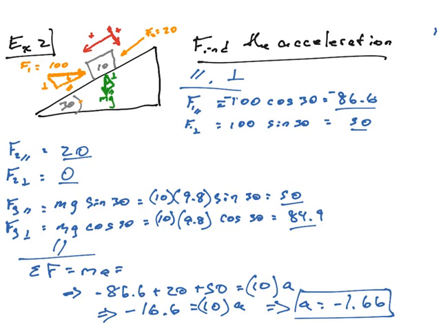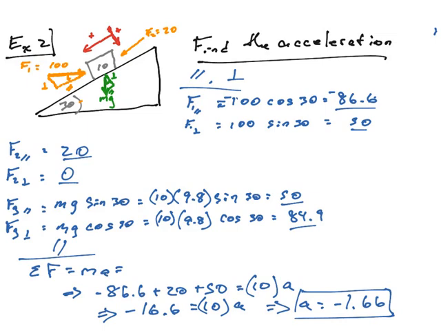But it doesn't matter, because what we do as physicists is we say, okay, the acceleration is negative 1.66. What does that mean? It doesn't mean slowing down or whatever. What it means is the acceleration is 1.66 and it points in the negative direction.